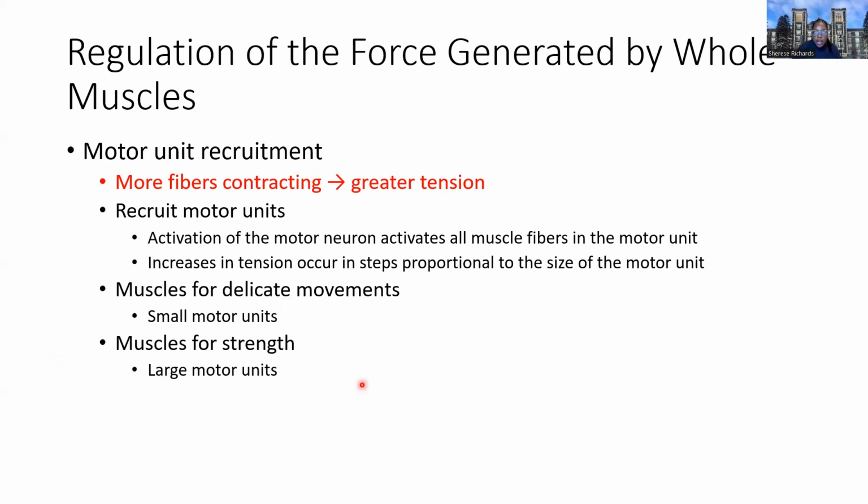In comparison, large motor units are muscles typically associated for strength and power, like your biceps, your triceps, your quads, your hamstrings, your glutes. Those motor units have larger neurons, they have more fibers, the fibers themselves have a larger diameter, and overall, they're going to be generating much more force than we see with muscles for more delicate movements.